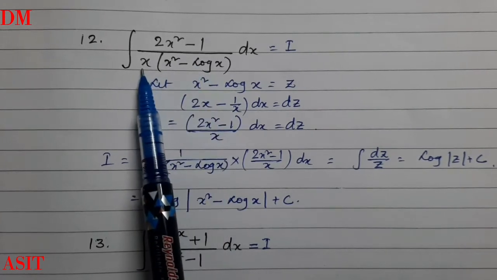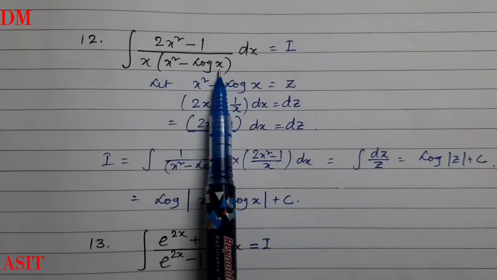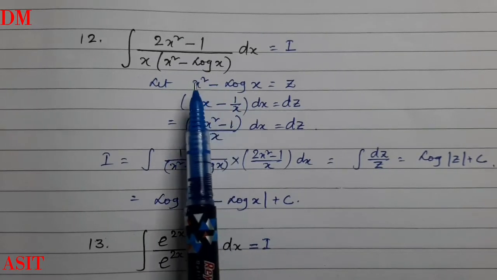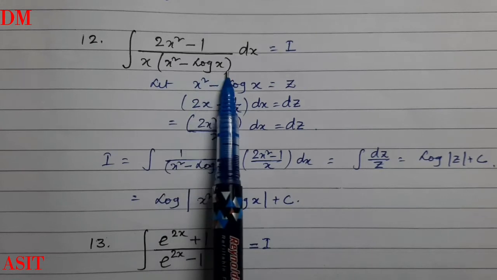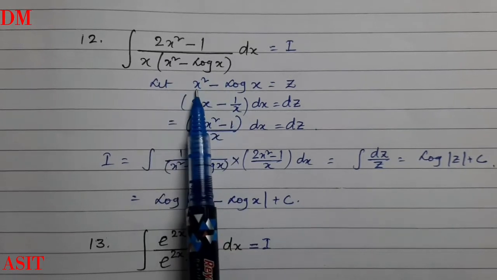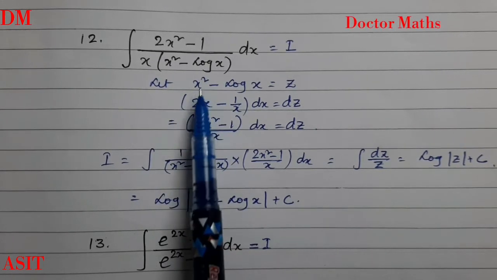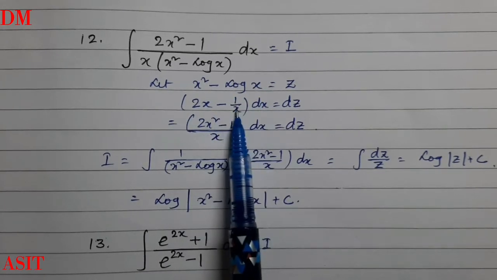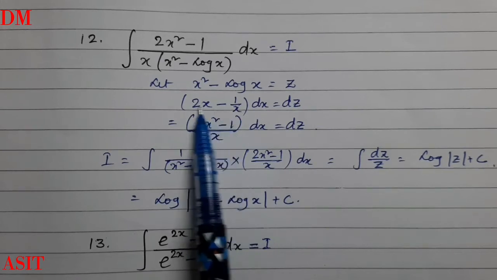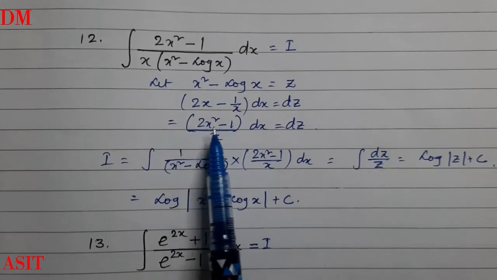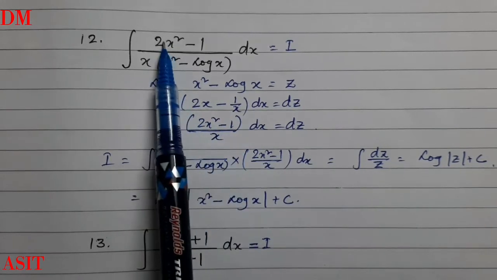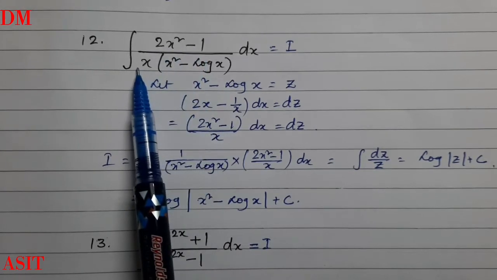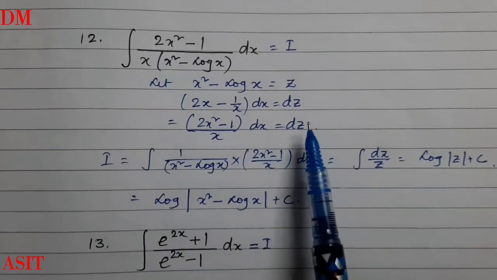Since there is a 1 by x, log x should be there for the proper substitution. Now if we differentiate this whole thing, what are we getting? x square's differentiation is 2x, minus log x differentiation is 1 by x. Now if we take the LCM here, it will be 2x square minus 1 by x. So this will become dz.